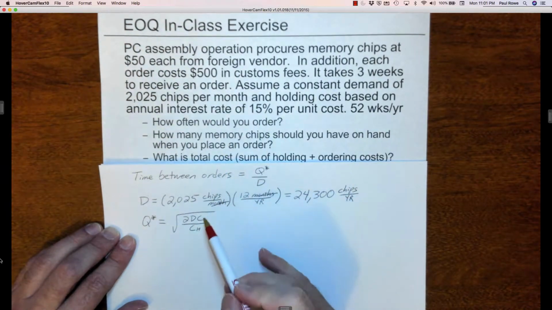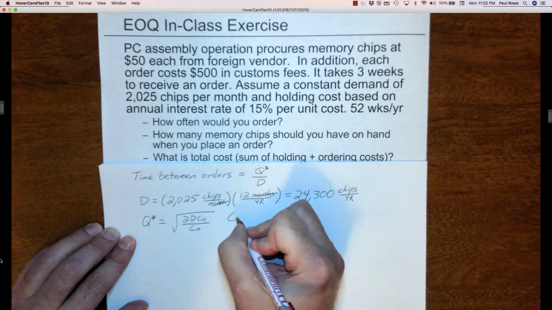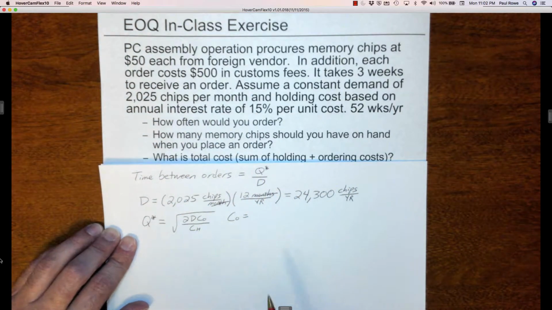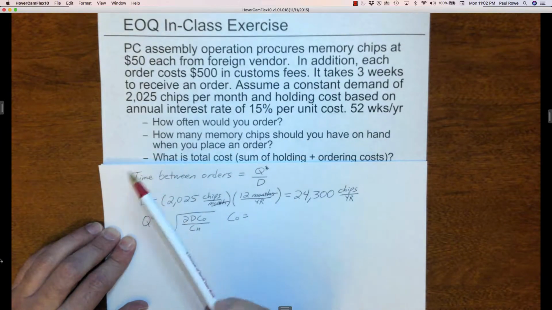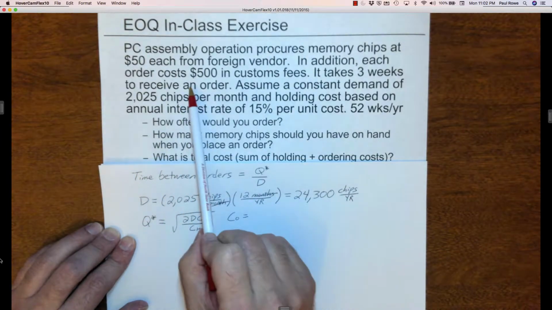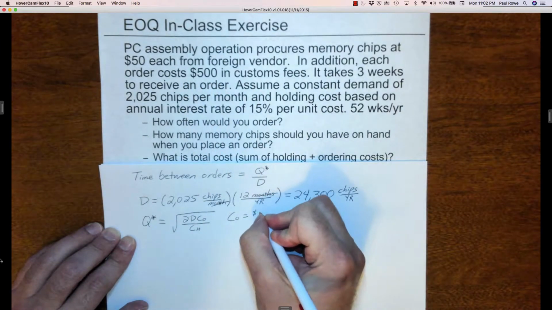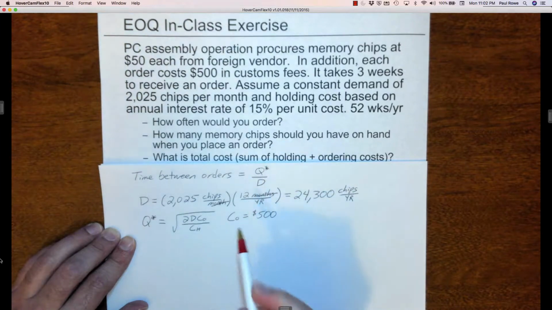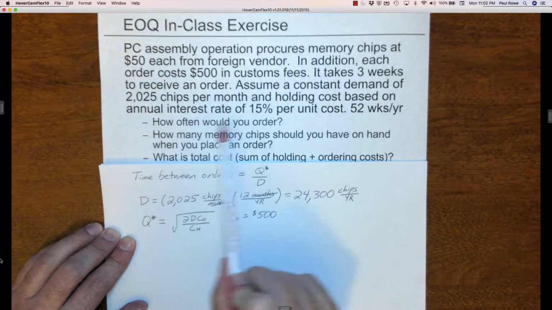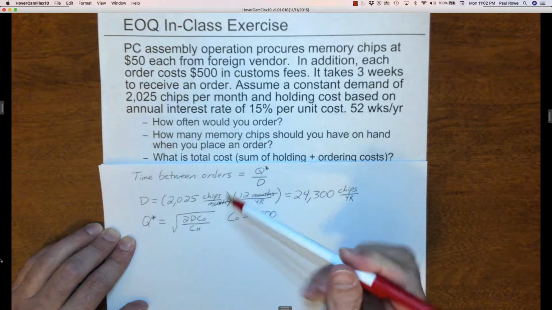Well, when we look, we just calculated D, the cost of ordering is going to be the fixed cost that we're incurring every time we place an order or do a machine setup. And so we see that that would be $500 for our ordering cost. And our holding cost based on annual interest rate of 15% of unit cost.